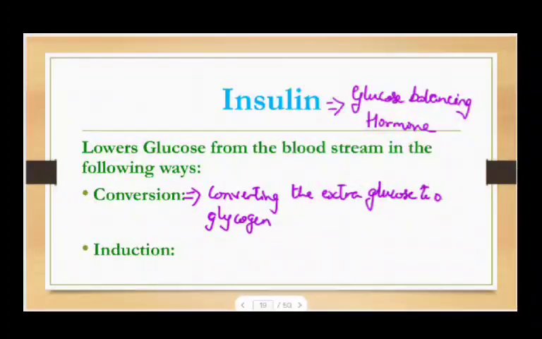glycogen. Now what is glycogen, children? It is a stored form of glucose. When you want to eat food, what do you do? You take it out in a plate and you eat it. Glucose is the food ready to be taken into the blood.